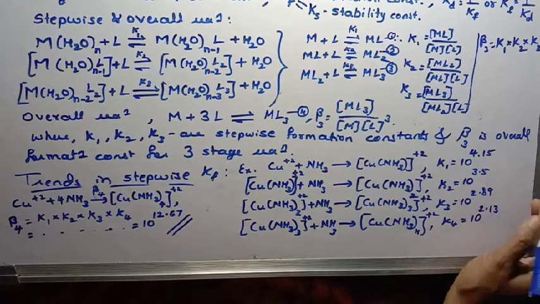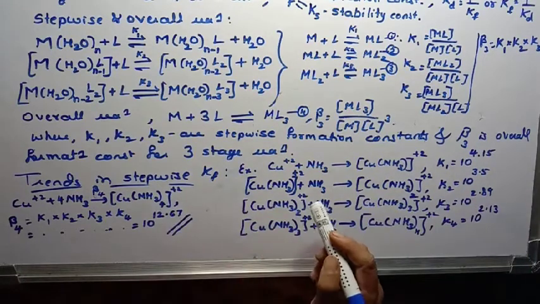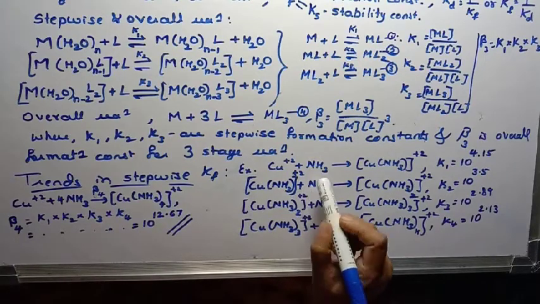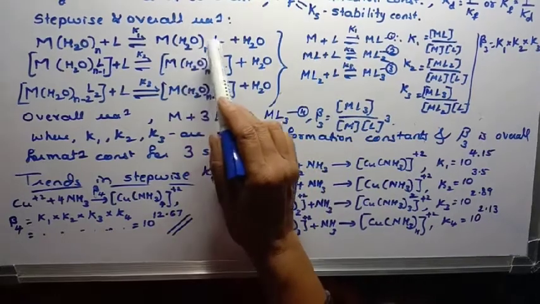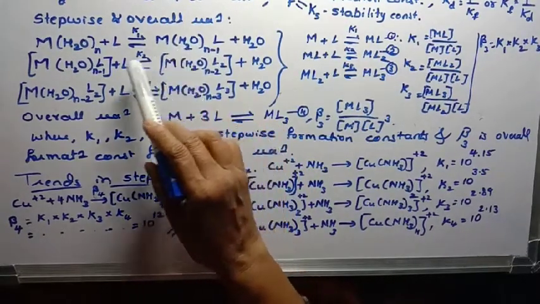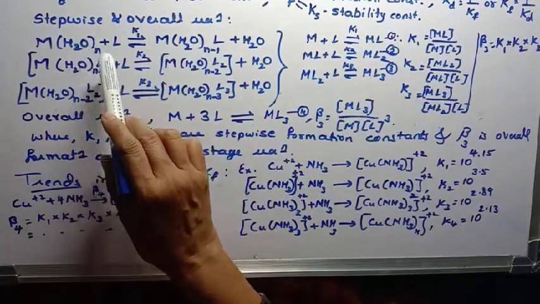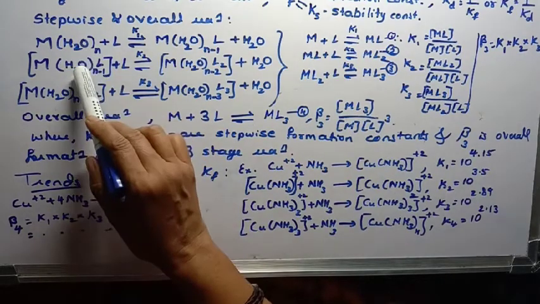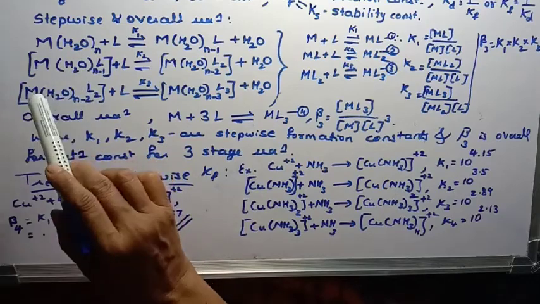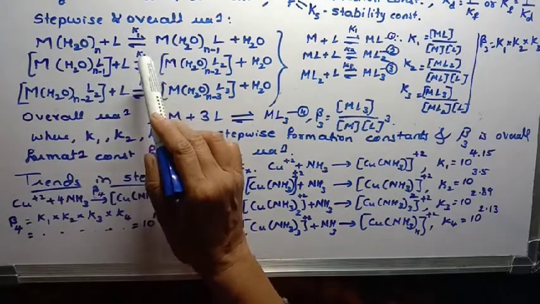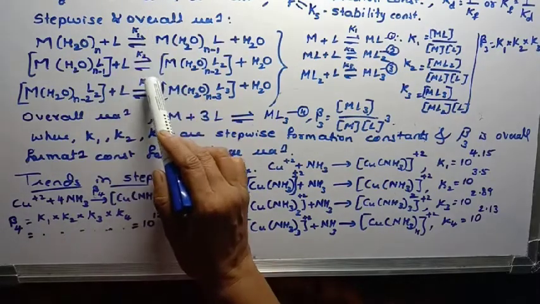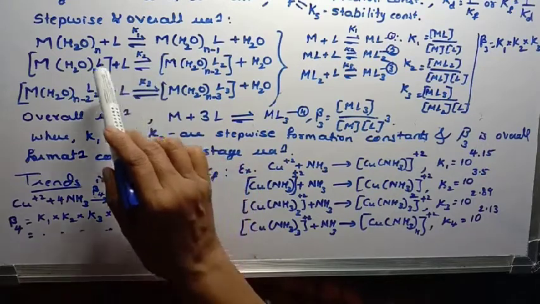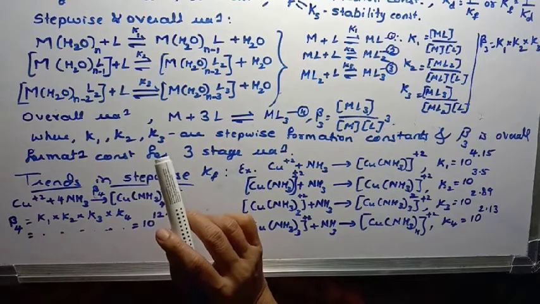The statistical factor is about the number of H2O molecules, which decreases. Here it is n, in the next case it is n minus 1, then n minus 2. As the number of coordinated water molecules decreases, the Kf value decreases in each step. So this is said to be a statistical factor.